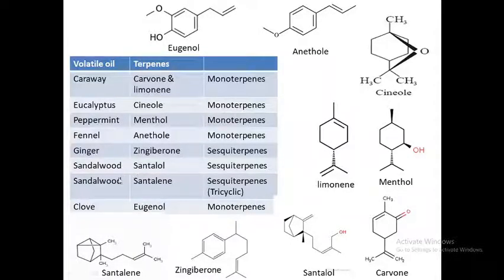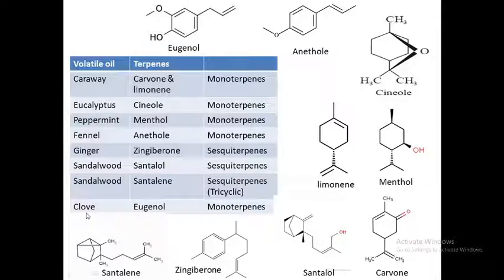Then sandalwood also contains santalin. So this santalin, you can see the structure. You can easily observe the 3 different cycles here. So santalin is a tricyclic sesquiterpene, consisting of 3 isoprene units and 3 different cycles. So it is a tricyclic sesquiterpene.